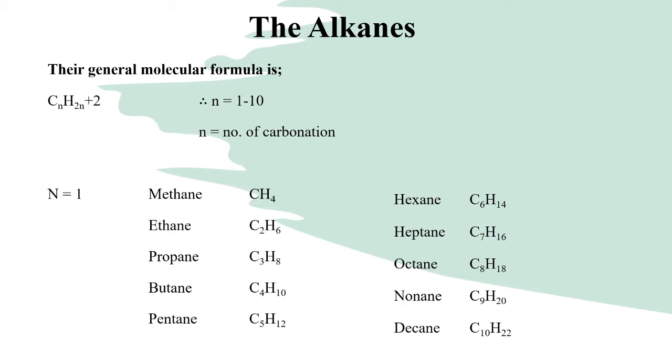Their general molecular formula is CnH2n+2. So n can be from 1 to 10, where n is the number of carbon atoms. In the family of alkanes, we have methane, ethane, propane, butane, pentane, hexane, heptane, octane, nonane, and decane.